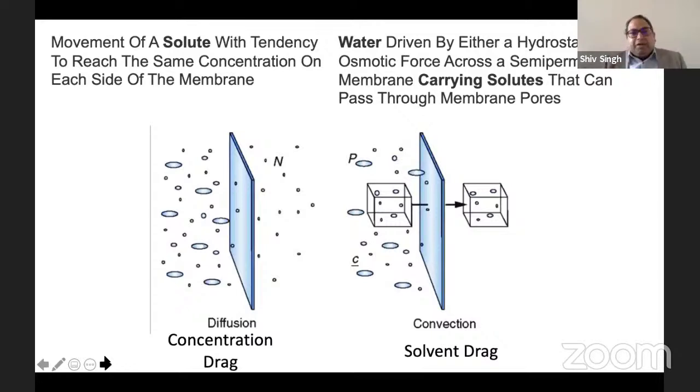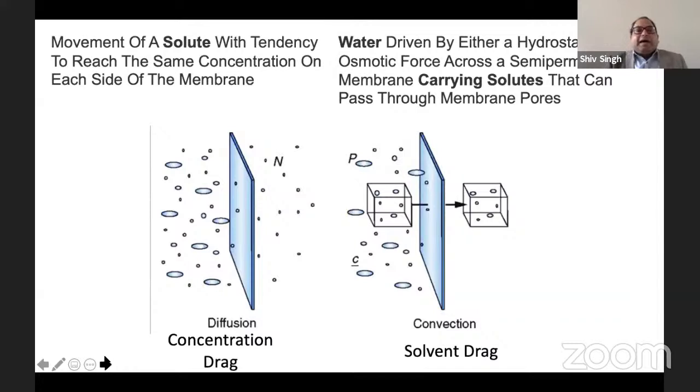So this is the concentration. But when water is driven by hydrostatic or osmotic pressure across the semipermeable membrane, it will carry the solute along with it as well. This is called solvent drag. Not only does the water pass through the membrane, it also takes the solutes along with it, so you are getting better clearance of the solutes.